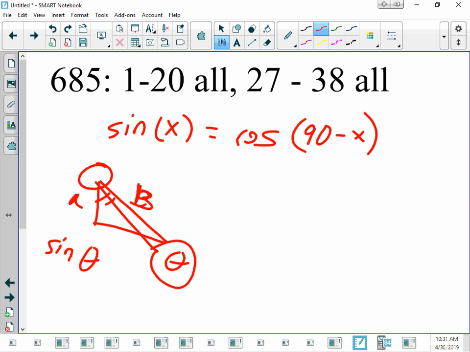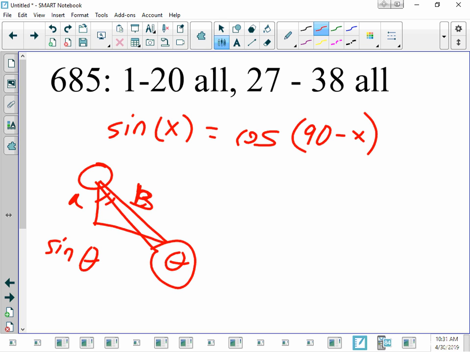Oh, they're on the bottom right, but they're in radians. So the cofunctions are just 90 minus theta. So 7 through 14 are pretty simple. You just use the formulas on the sheet and simplify it, and you're always going to end up with something that's really simple, like the number 1 or the sine or something like that.